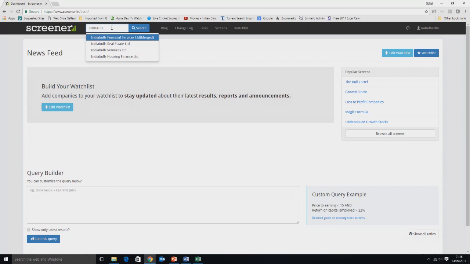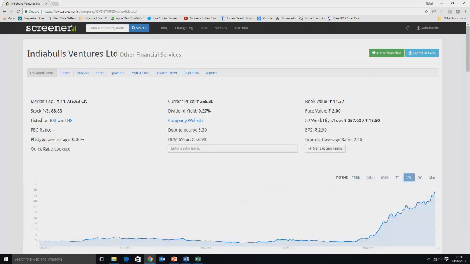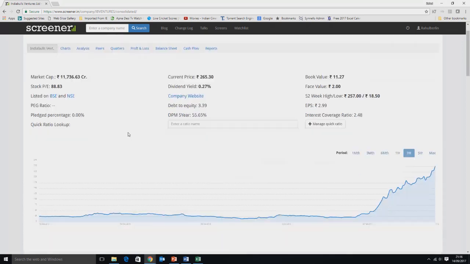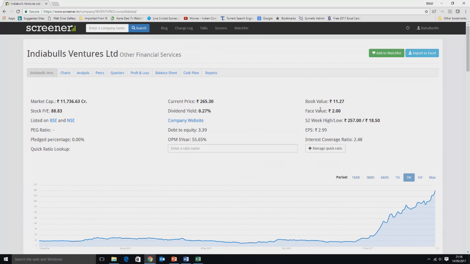So this is your company, Amarjit, right? If you see the ratio between the book value and the current price, it's approximately 20 times, right? But let's see some more.